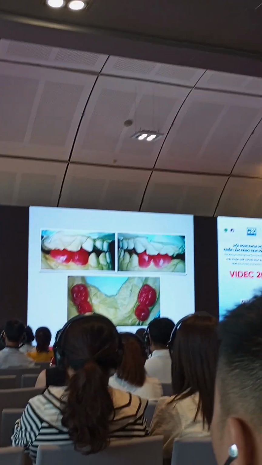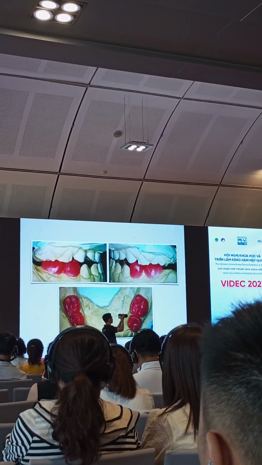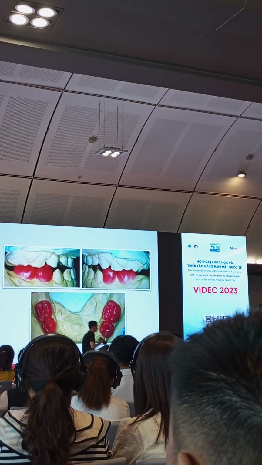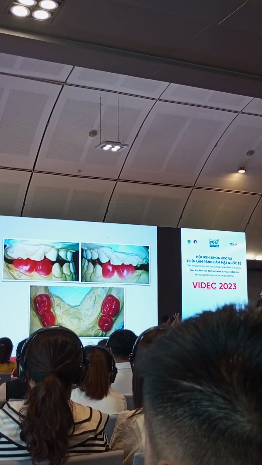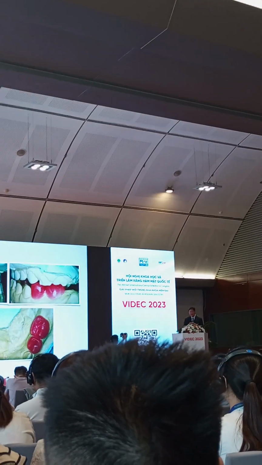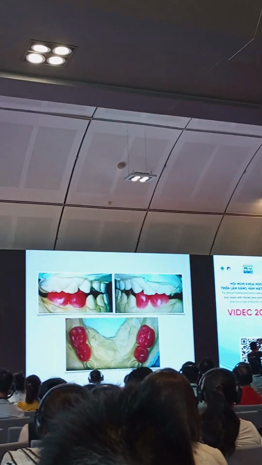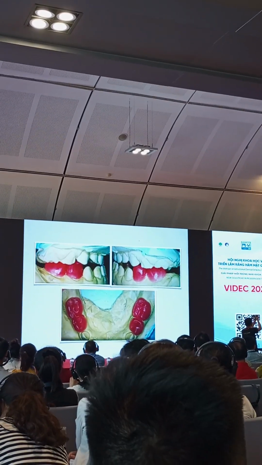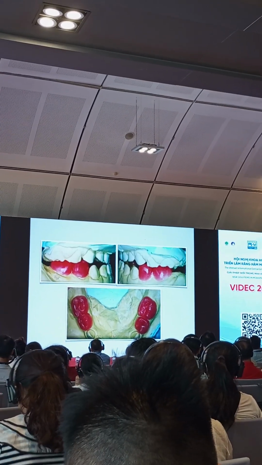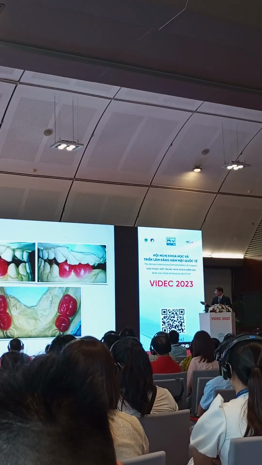So from this point, I did the carving of the wax. We did the wax setup so that when the patient wears this appliance and closes the bite, the overdenture will guide the mandible to where we want it.